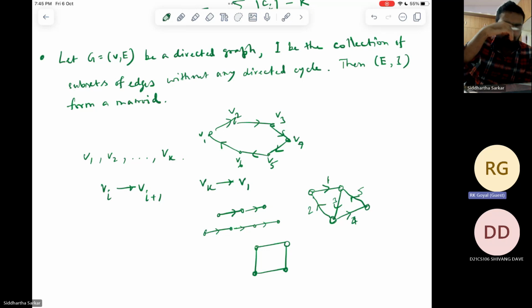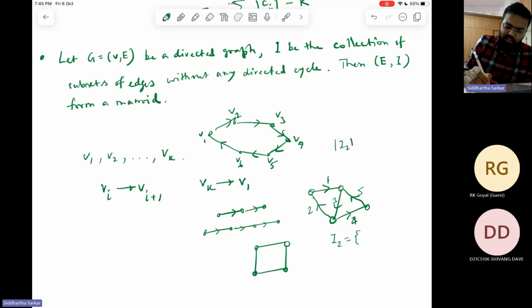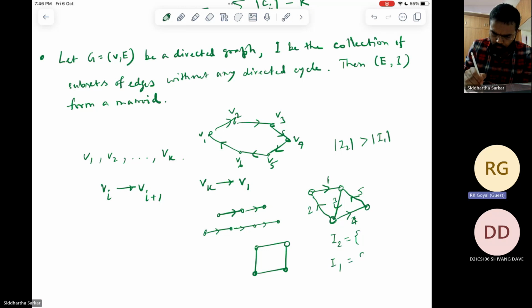In this graph we have drawn here, 1, 3, and 5 are part of the set I1, and whatever remains becomes part of I2. I1 will become larger than I2, it doesn't matter. So I1 here is 1, 3, and 5, and I2 becomes 2 and 4.